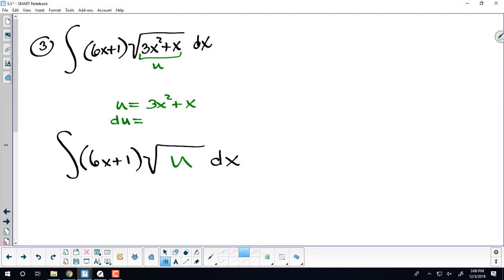So the derivative of u with respect to x is 6x plus 1, times dx. Again, what we're really doing is computing this and then multiplying through by dx. So we're just isolating the things that involve u and the things that involve x on different sides of the equation.